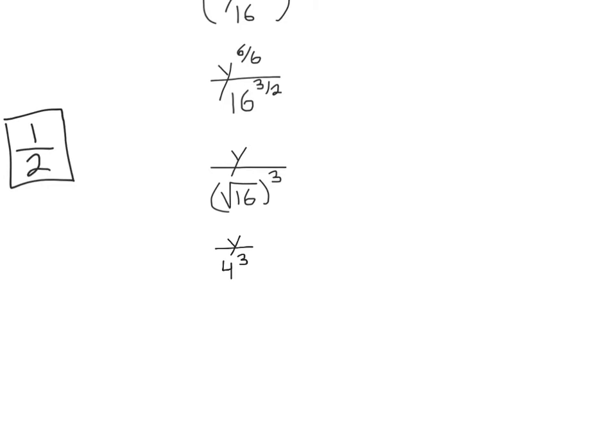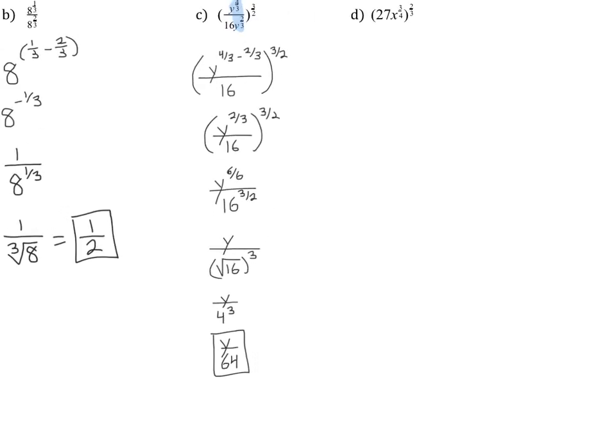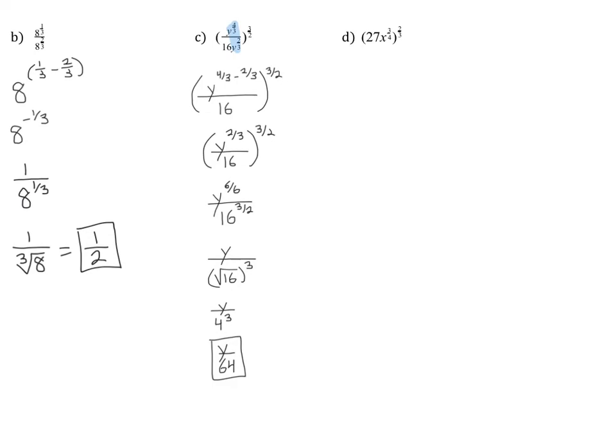And 4 cubed is 64. So this becomes y over 64. So it's always important to look for ways that we can simplify, and a lot of times that will require us to actually rewrite our term as a radical.